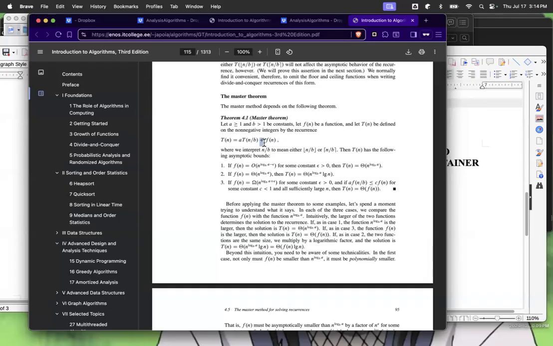So larger, second term; smaller, first term, n to the log base b of a. It's in Θ of the expression derived from the first term. Otherwise, it would be this case here, the first term times log of n.